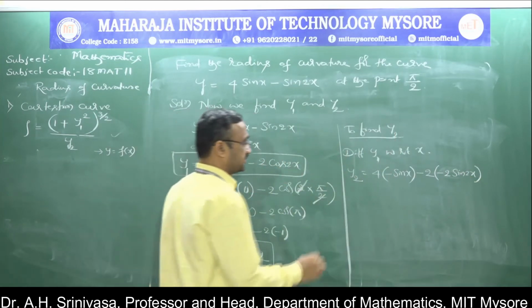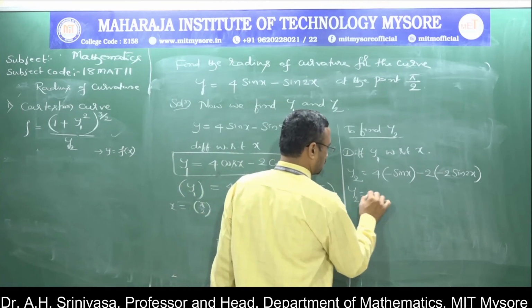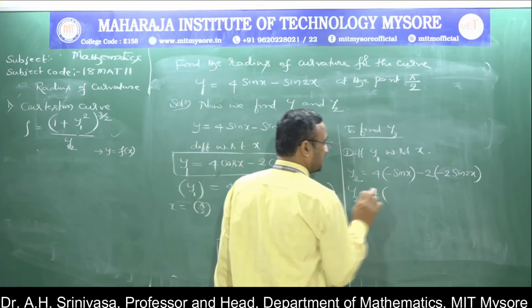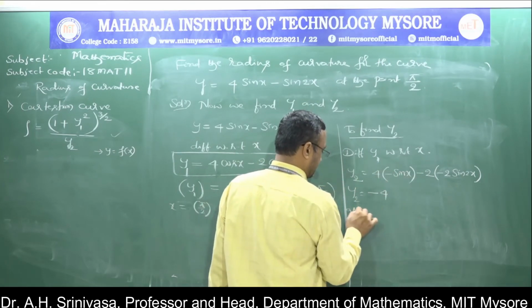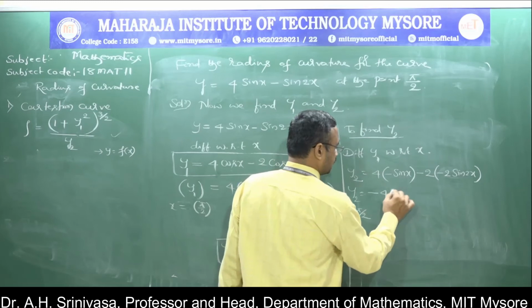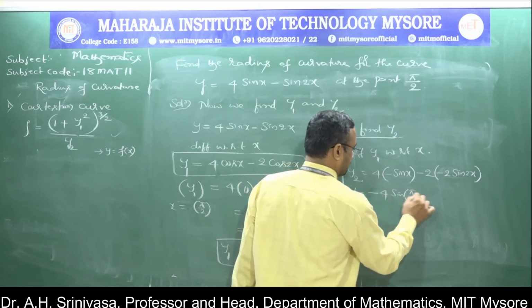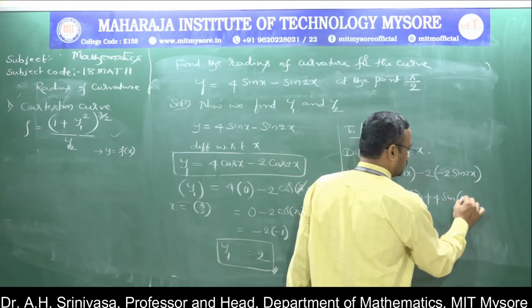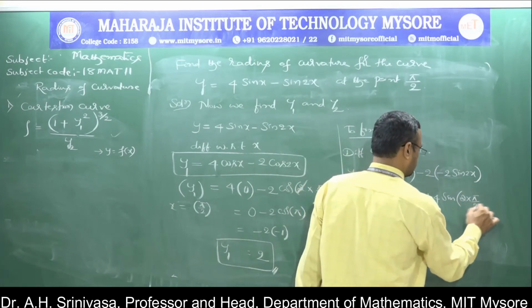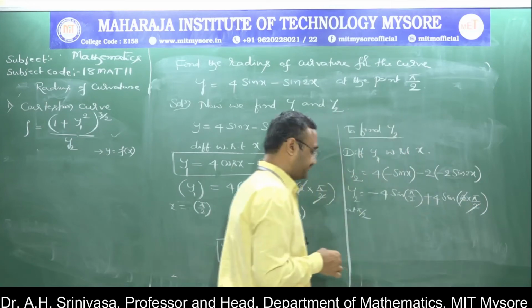Now substitute everything here. y2 equal to minus 4 times, in place of x you put pi by 2, at pi by 2, sin pi by 2, minus into minus plus 4 times sin 2 into pi by 2. These two are cancelled.